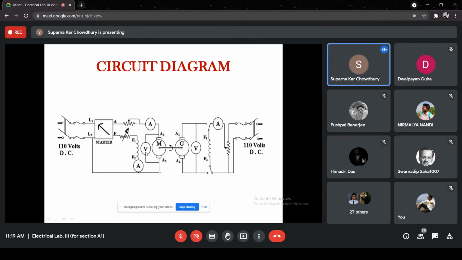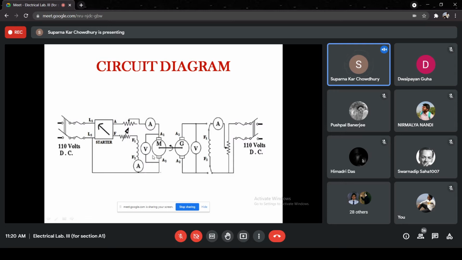So the losses of the motor will include windage and bearing friction loss, brush friction loss, armature I square loss, field I square loss, and brush contact loss. As the motor is running under no load condition, the supply is supplying the losses of the motor under no load.